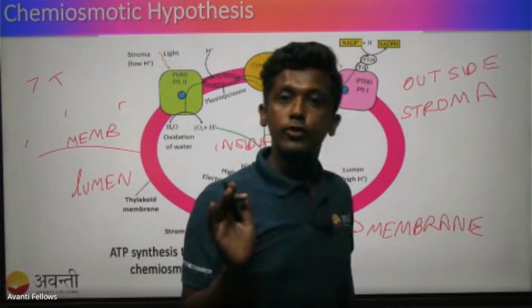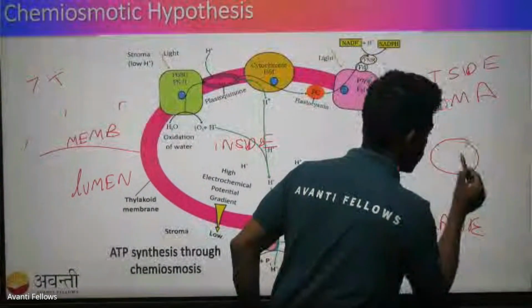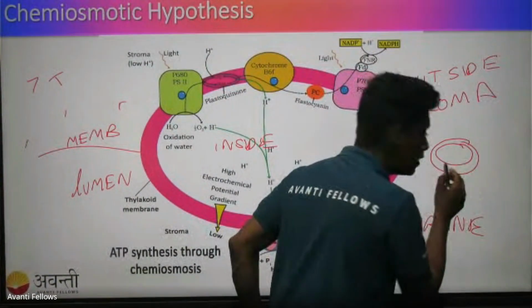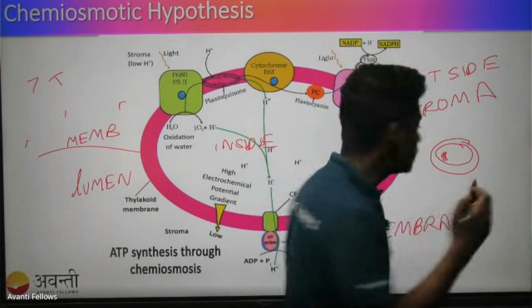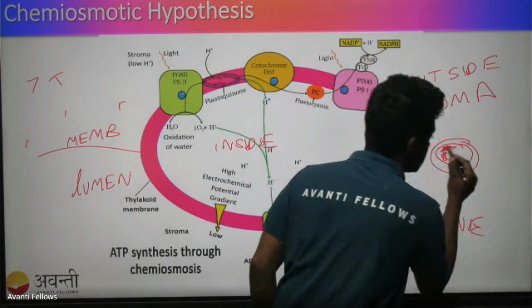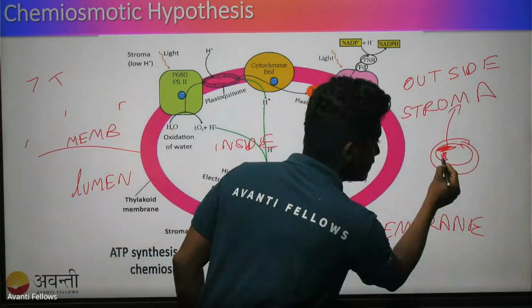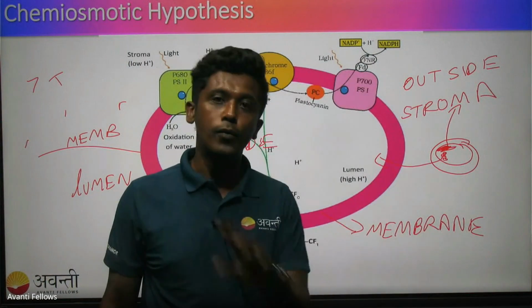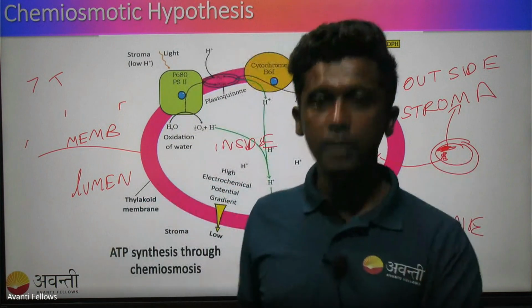If I remember the structure of the chloroplast, correct, right? The chloroplast has an outer membrane, an inner membrane, and there is grana. Grana is made of coin-like thylakoids, and outside of the thylakoid, this region is called stroma. And this region we are talking about is the thylakoid. I hope you are understanding. So now we are understanding how ATP synthesis takes place in the thylakoids.